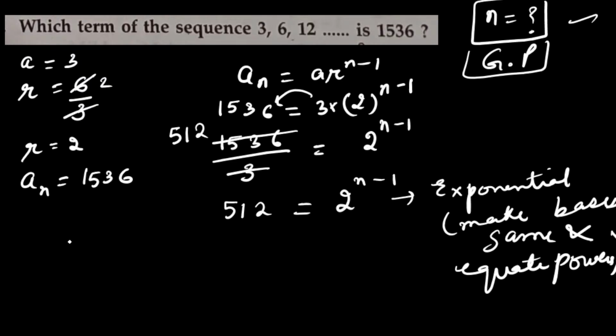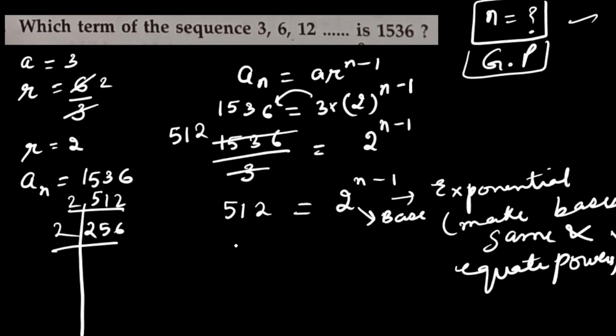The base on the other side is 2, so on this side also we need base 2. If you factorize this using prime factorization, you will get 2 to the power 9.